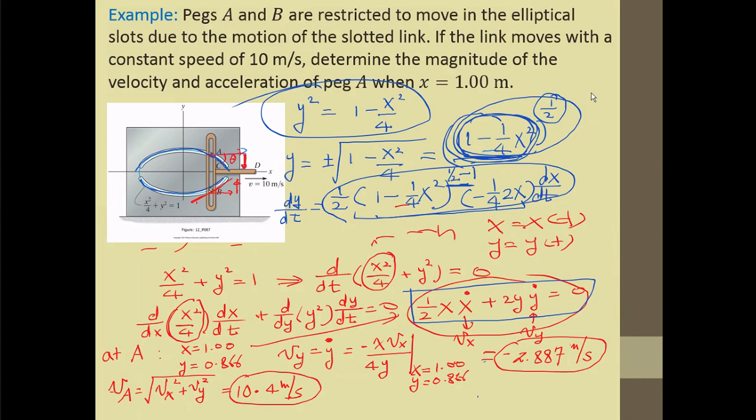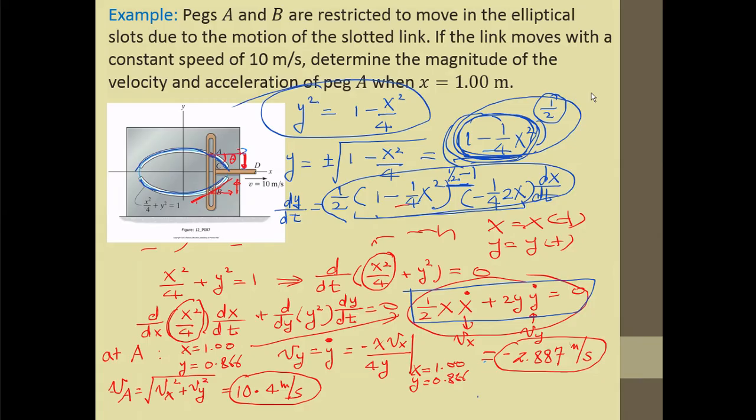But in this case, because it is quadratic, taking the derivative using the explicit function form is kind of difficult. It is doable, obviously, but a little bit complicated.